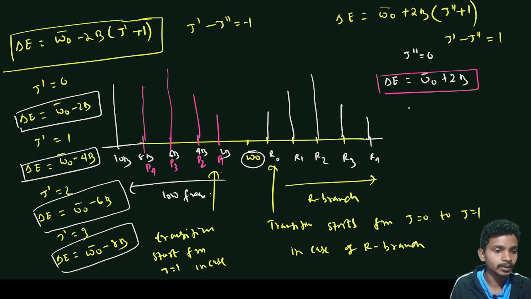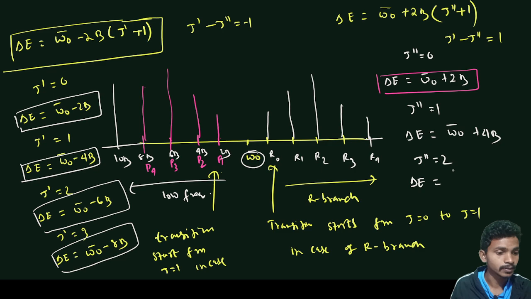And whenever I am getting J dash equal to 1, then what delta E value am I getting? Omega naught, so this is 1, 1, 1, 2, 2, 2, 4b. And J dash equal to 2, then how much will I get? 2, 2, 1 is 3, 3, 2 is 6, that's omega naught plus 6b. Another J dash equal to 3, then how much am I getting?